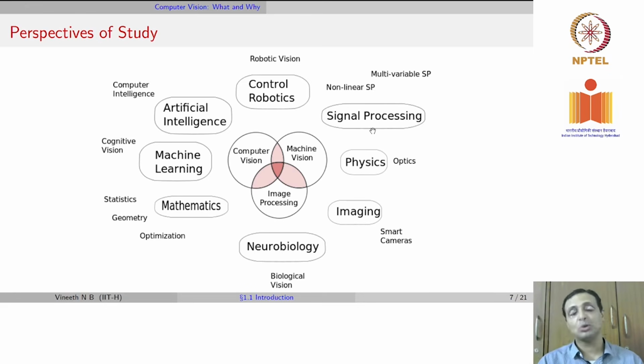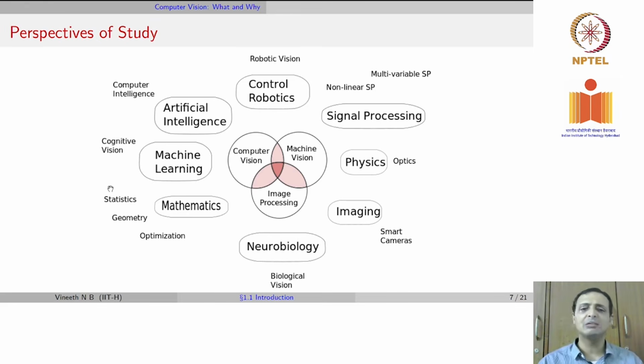Signal processing, because at the end of the day, an image is a two-dimensional signal. So a lot of the basic computer vision concepts follow through from signal processing. Control and robotics play an important role, especially in robotic vision.